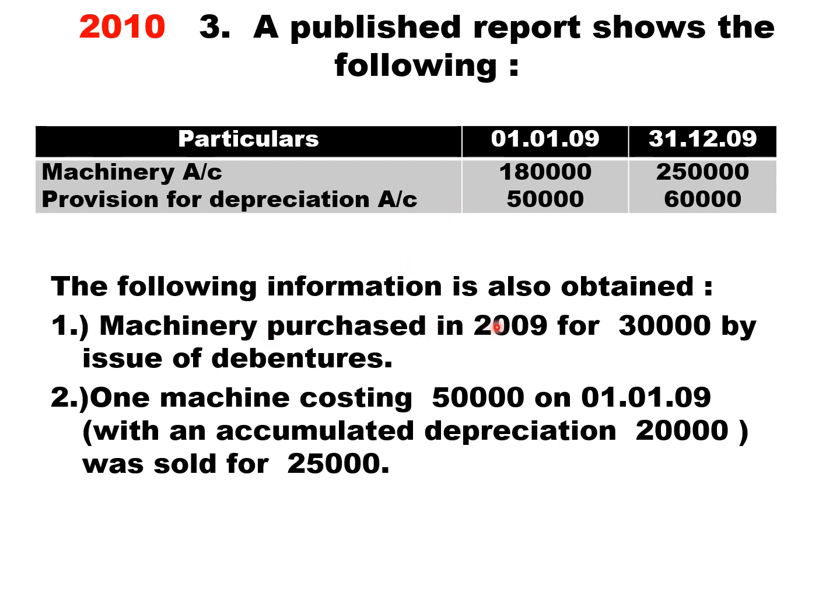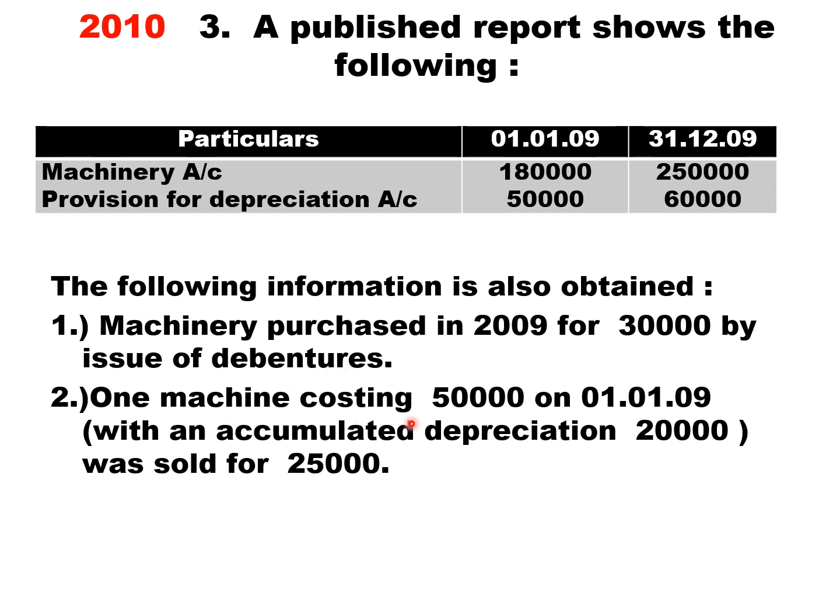The following information is also obtained. Machinery purchased in 2009 for rupees 30,000 by issue of debenture. In the last problem it was by issue of equity share, but here we have issue of debenture. So machinery purchased 30,000 through issue of debenture. It will come on the debit side.